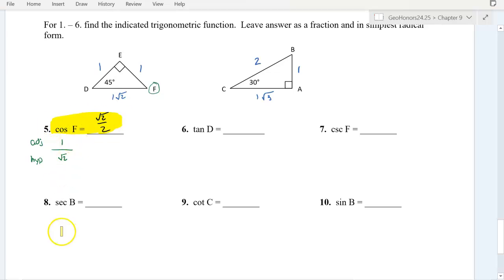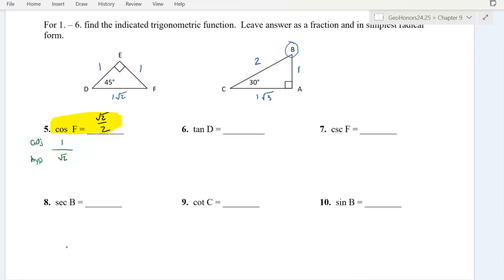I'm going to skip to number 8. We treat the secant function the same way, it just has a different relationship. If I want the secant of angle B, now my reference angle turns to here, and I recognize that the secant is the reciprocal of the cosine.